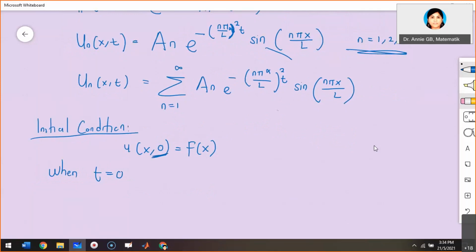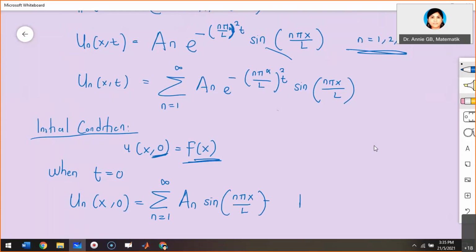So we have u_n(x,0), t equals 0. I will get summation n equals 1 to infinity a_n, and if t is 0, the exponent to the power of 0 is 1. So I will only get sine n pi x over L equals f(x).